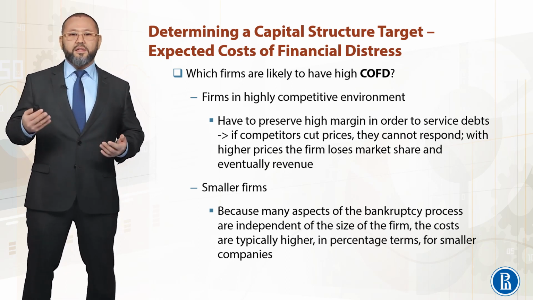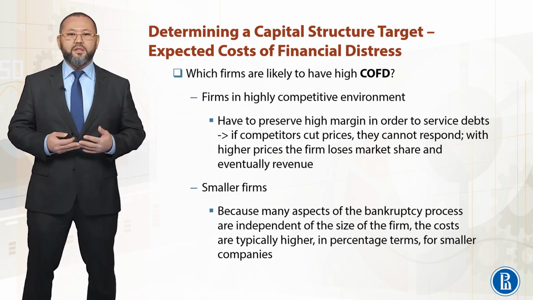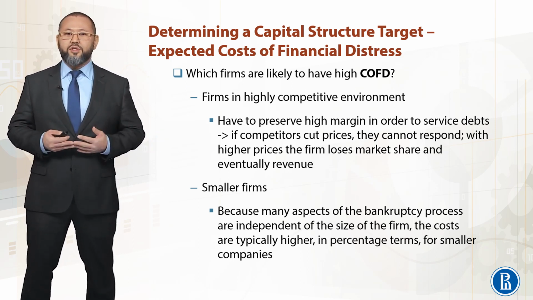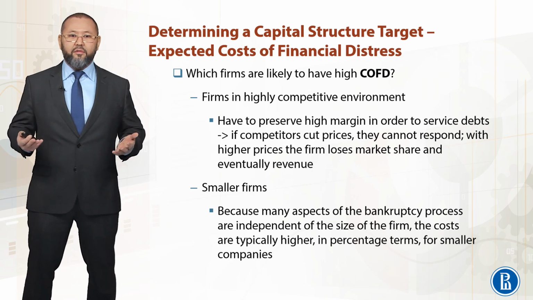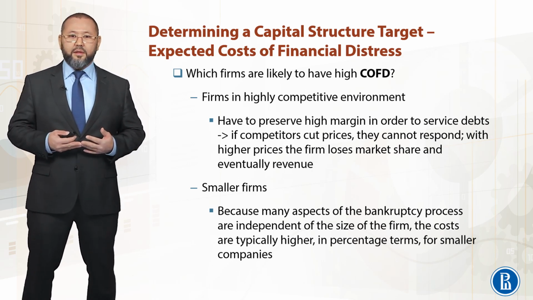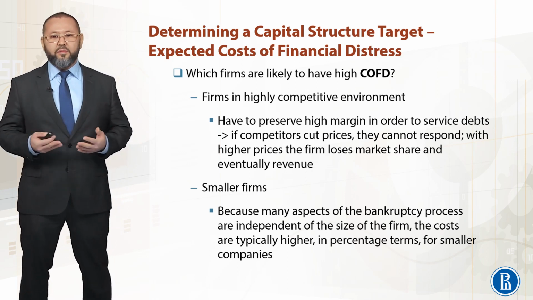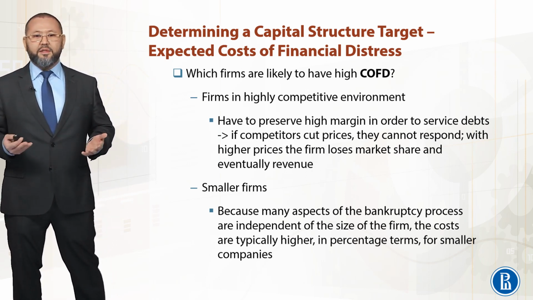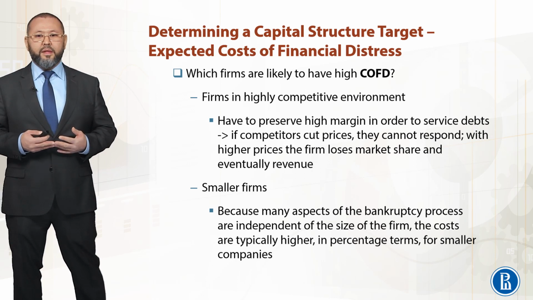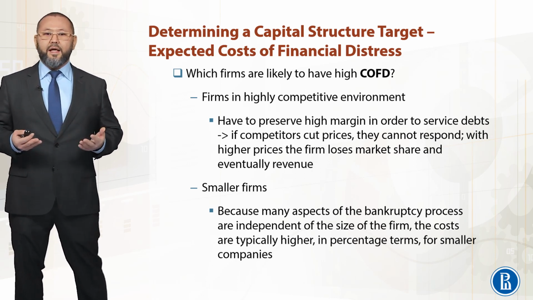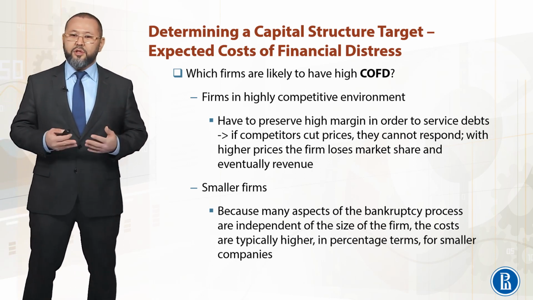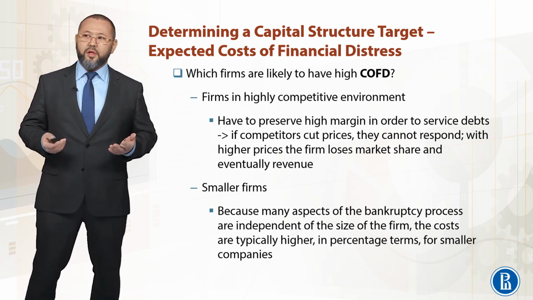And with higher prices, the firm loses market share and eventually revenue. And another type is smaller firms. Because many aspects of the bankruptcy process are independent of the size of the firm, the costs are typically higher in percentage terms for smaller companies.